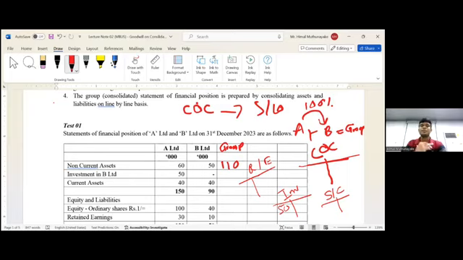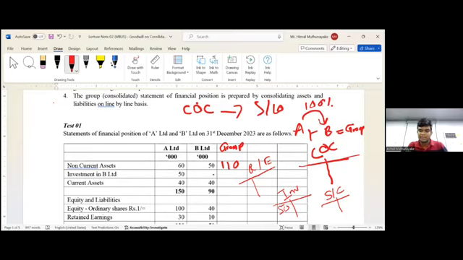Now we are going to calculate the cost allocated to get 100% of company B. How much cost has gone to get 100% of the shares of company B? So I have invested 50,000.